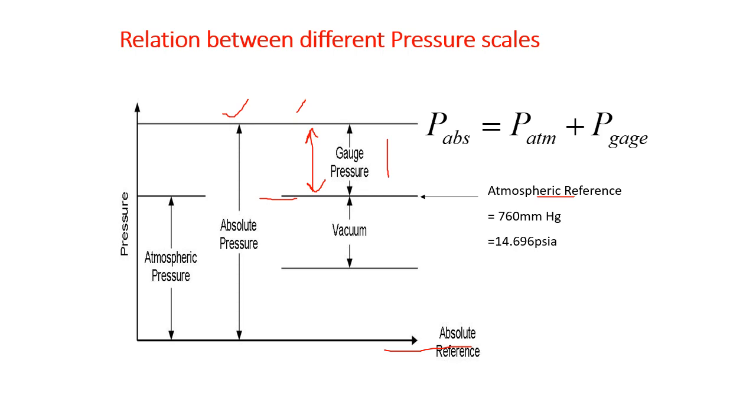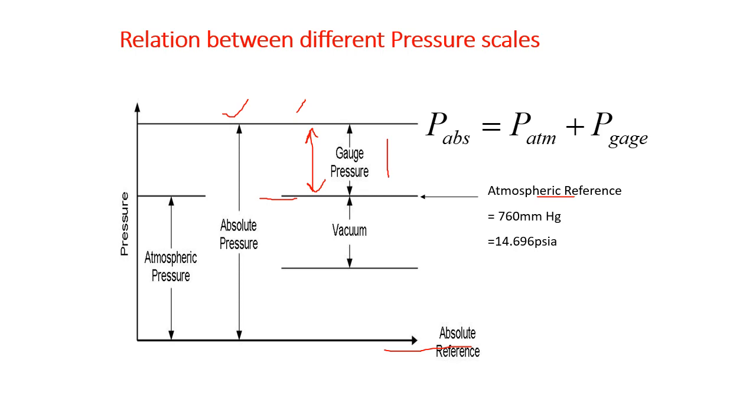So if it is measured at sea level and your temperature is like 16.5 degrees centigrade, then the atmospheric reference is almost equal to 760 millimeter of Hg. But this atmospheric reference changes with the height and also the temperature. So we have to be careful while measuring the gauge pressure. While talking about the gauge pressure, we should state what our reference is, right? So that is very important.